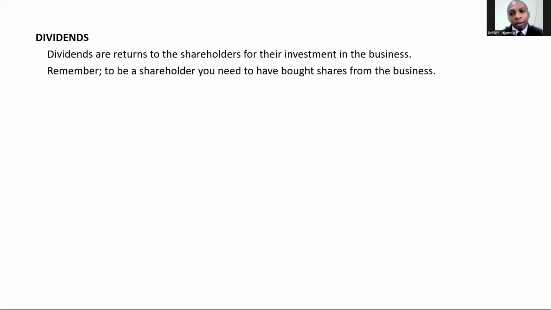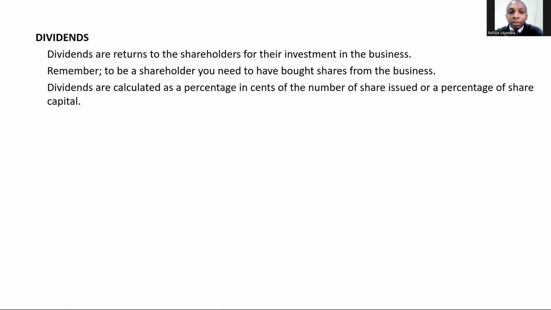Now, the question is, how do we calculate dividends? Dividends are calculated as a percentage in cents of the number of shares issued, or a percentage of share capital. You need to understand there's a difference between shares issued, which is just the number of shares, and share capital, which is the capital that has been raised. For you to get share capital, you take the number of shares issued and multiply them by the share price. Whereas the number of shares issued is just the number of shares without multiplying by the share price.